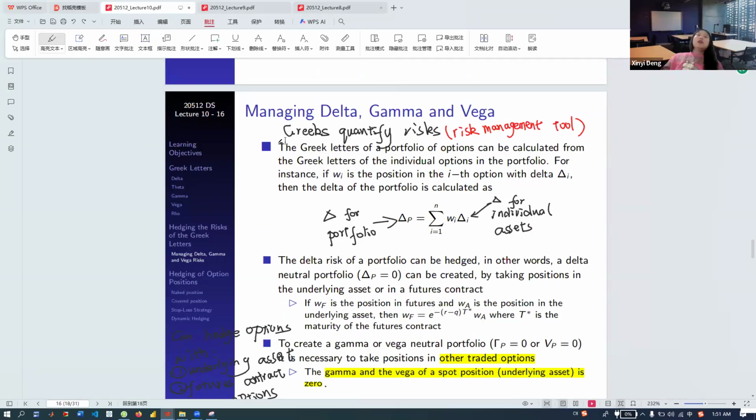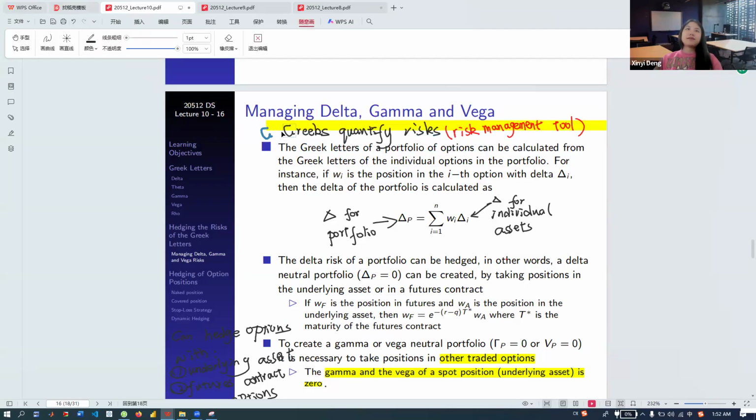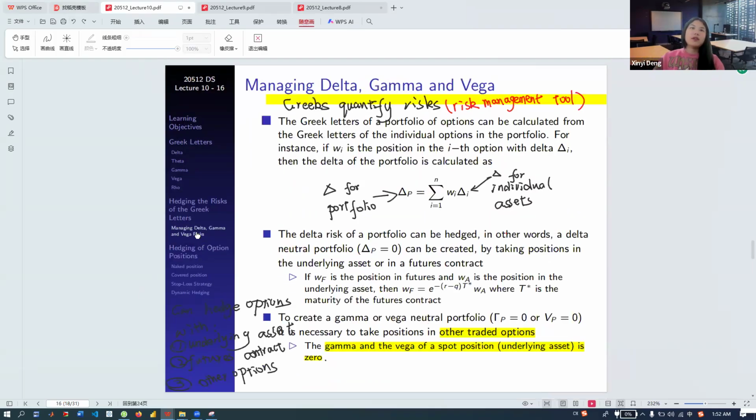Also, as I discussed earlier, Greeks quantify risks, so Greeks can be used as risk management tools. That's what this section is all about.